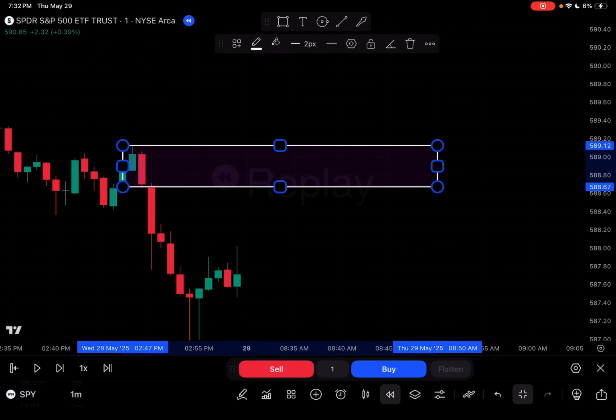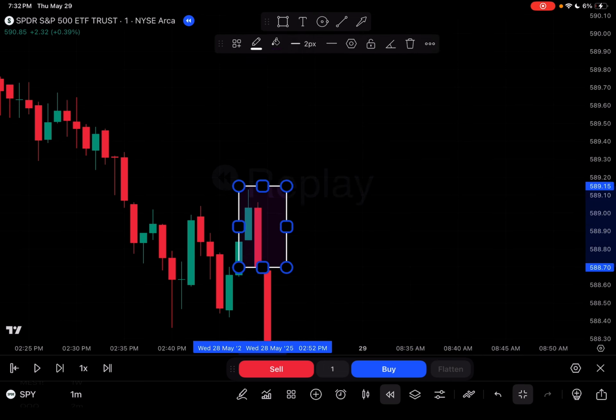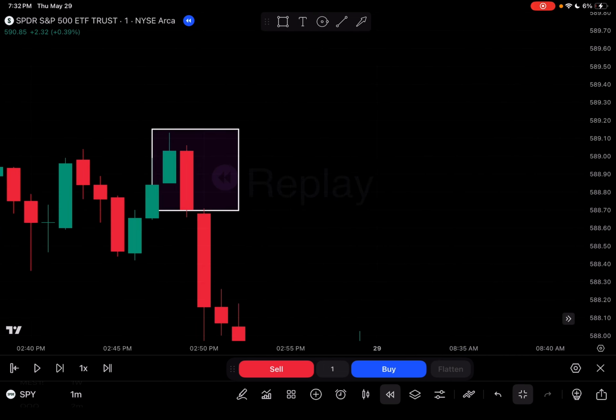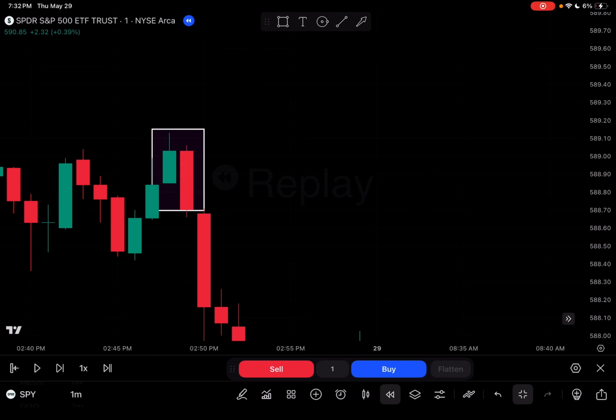But to me, anytime I see a familiar candle like this, a green candle and a red candle to the downside, that is a supply zone. And I'm pretty sure it's considered a supply zone.